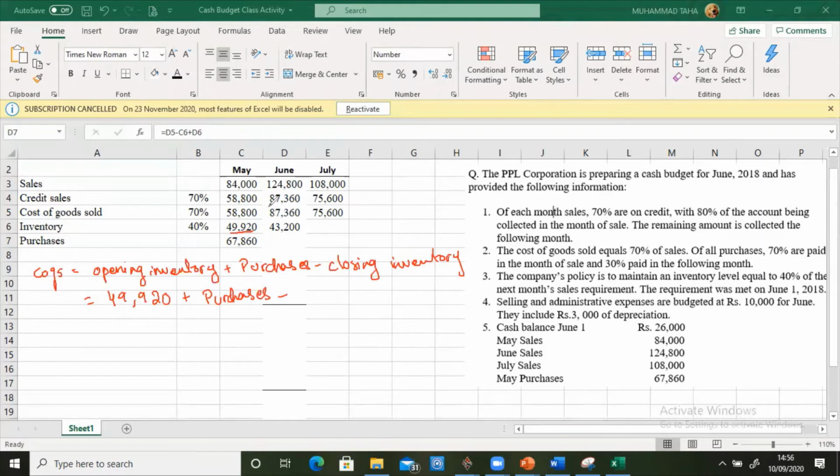And the closing inventory for June is 43,200. What about cost of goods sold? You have the cost of goods sold for June as well. So this is 87,360. Now you just have to calculate the purchases amount by simply shifting everything else to the other side, and plus 43,200, you will get the purchases amount.